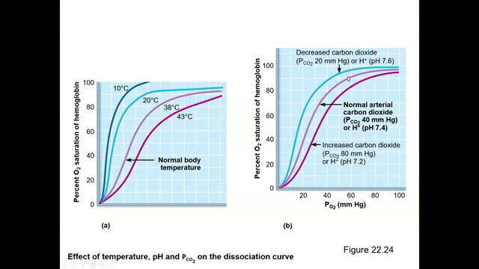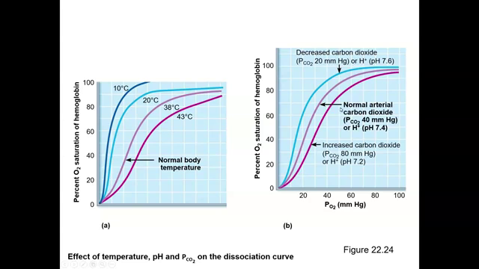The same right shift happens when we have increased carbon dioxide, which also makes sense. If we have increased carbon dioxide, that's probably because our cells are very active. For example, muscle cells produce a lot of waste products, so carbon dioxide. So we need, again, more oxygen in those tissues.